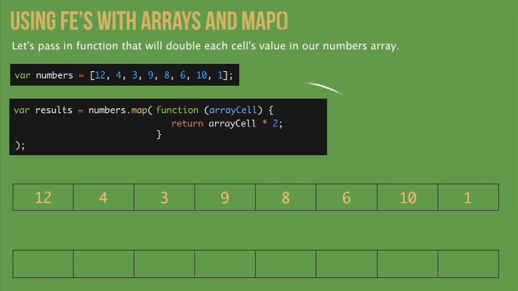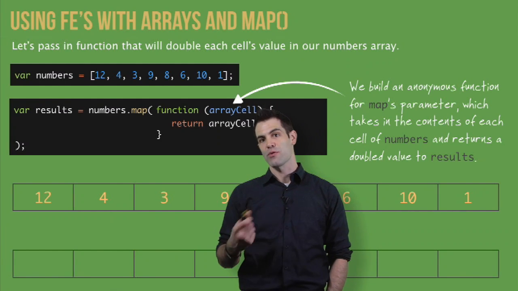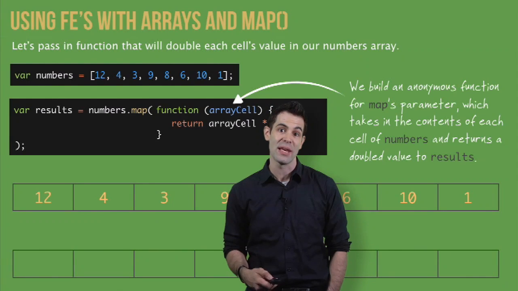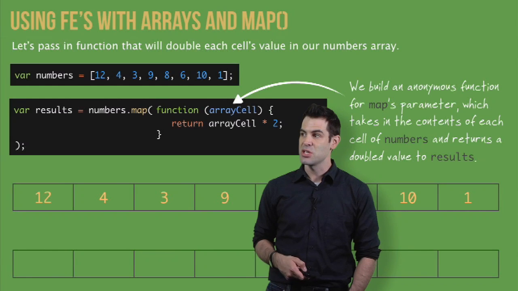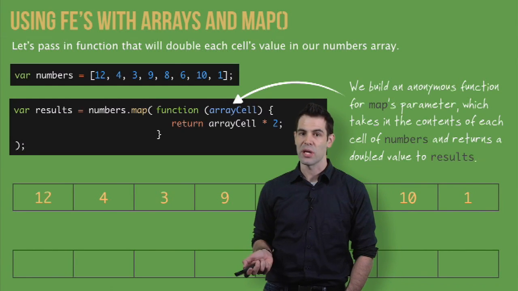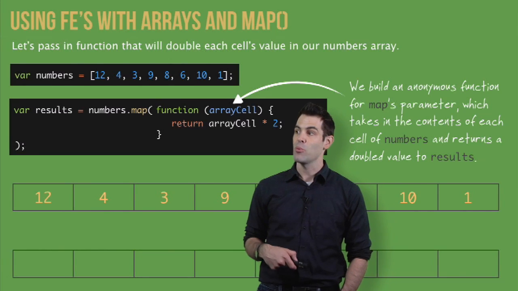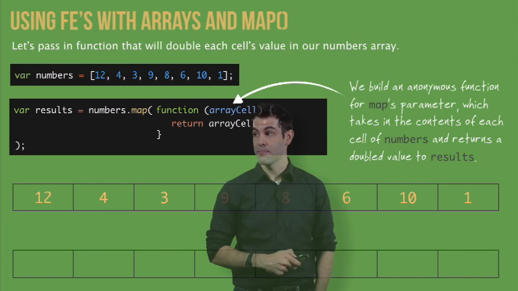That's because we have to pass each cell of numbers into our function expression in order for the function expression to know which one that it is looking at. Inside our function body, we'll just return the array cell, whatever that may be, times 2. So we will get a doubled value, and that will be passed into the identical cell of the results array.